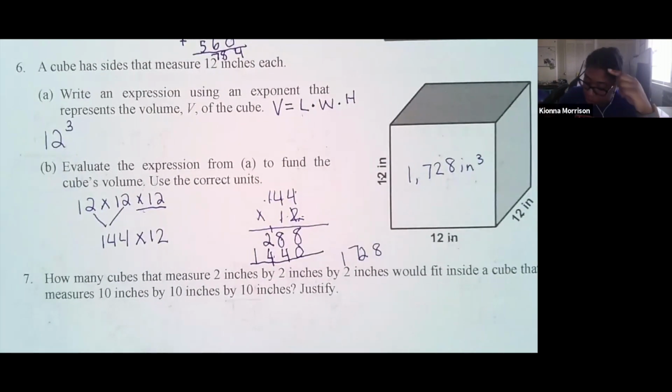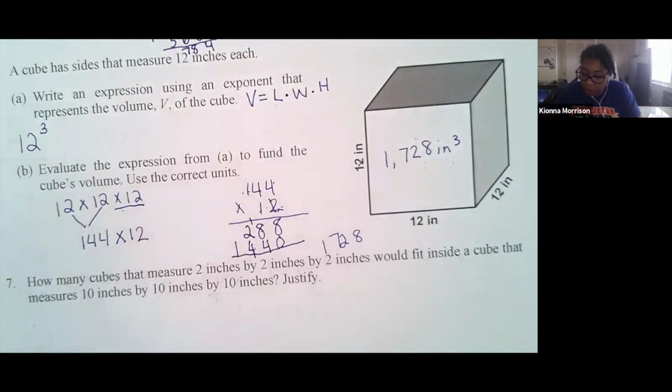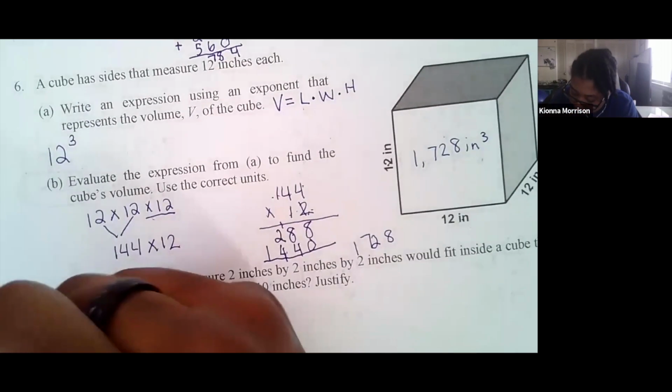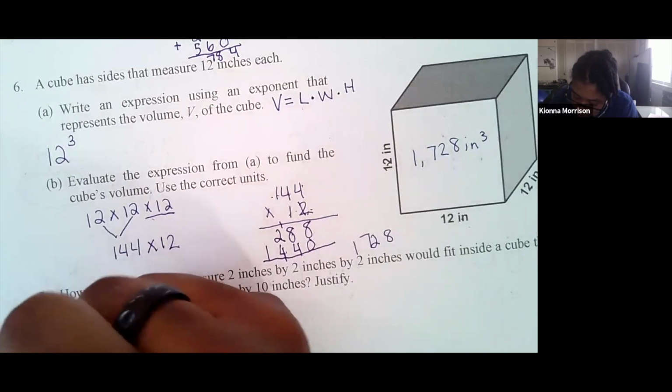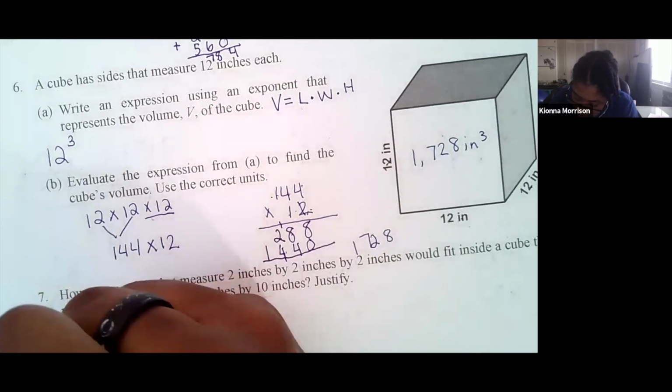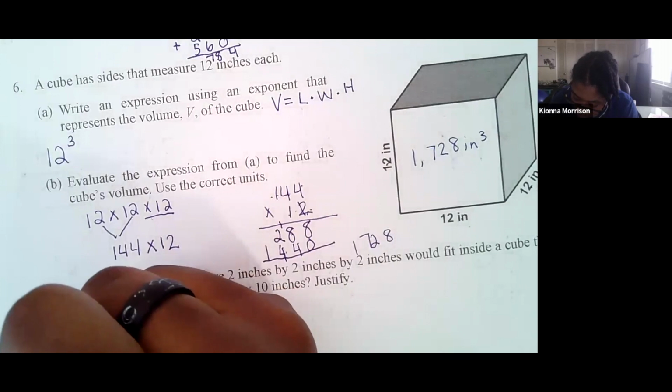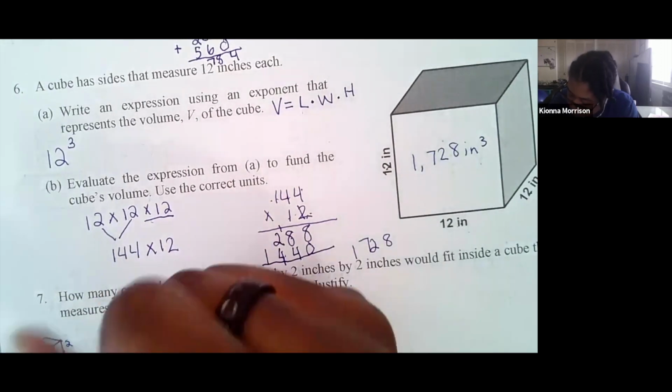Our last question. How many cubes that measure 2 inches by 2 inches by 2 inches would fit inside a cube that measures 10 inches by 10 inches by 10 inches? All right. Well, if I have a cube, you don't have to draw a cube. That's 2 by 2 by 2.